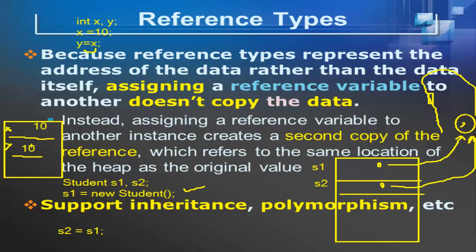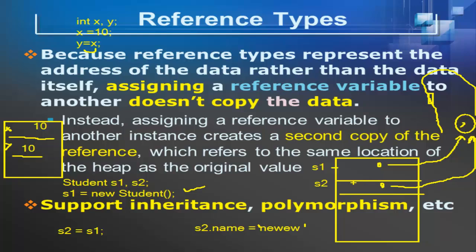What is the problem with this? Suppose you say s2.name equal to some new name in double quotes. What will happen is that the name will be changed in this one as well as in the other one, because both of them are pointing to the same object.